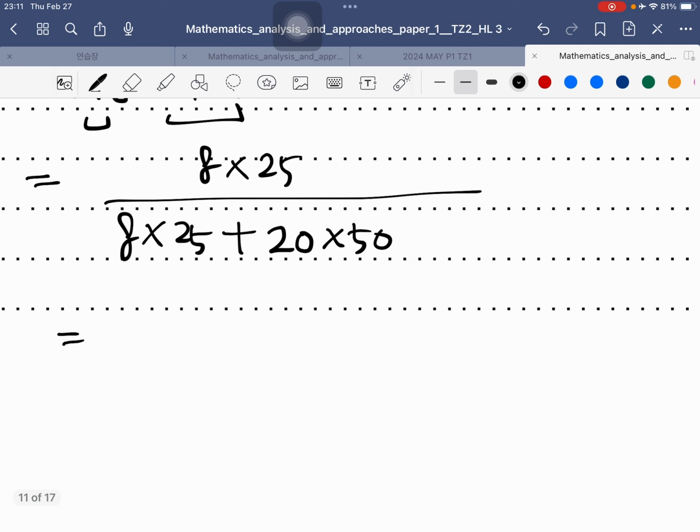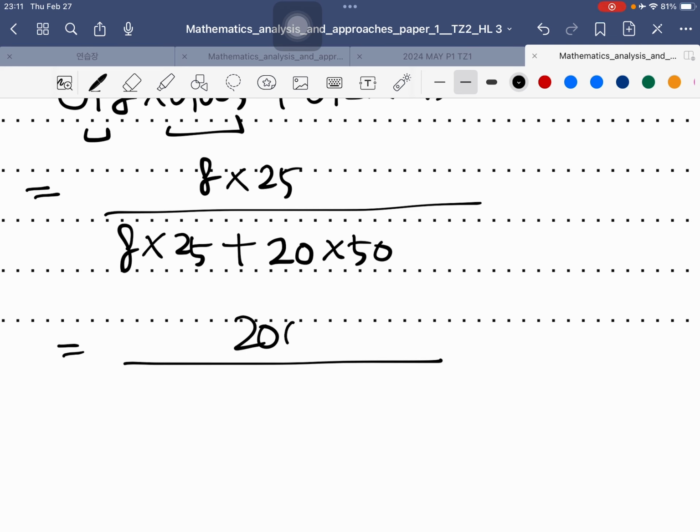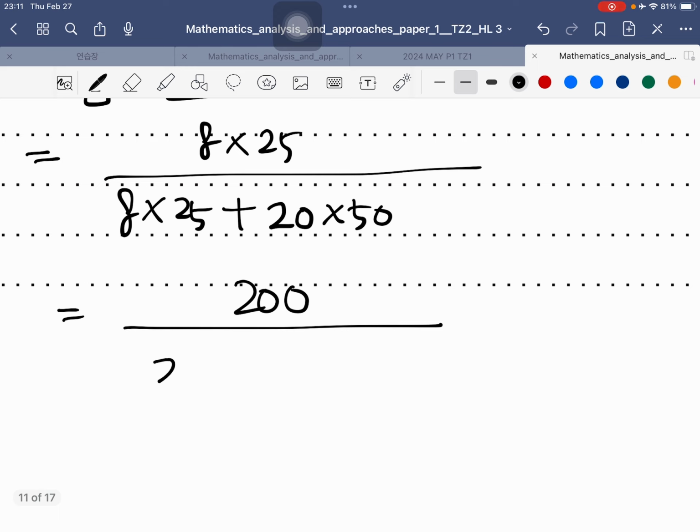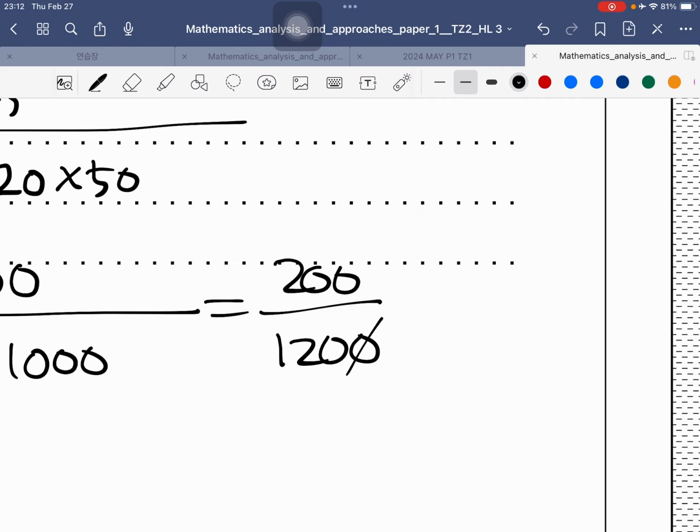So 8 times 25 is 200, plus this is 1000. So 200 over 1200, so this cancels out, so 1 over 6.